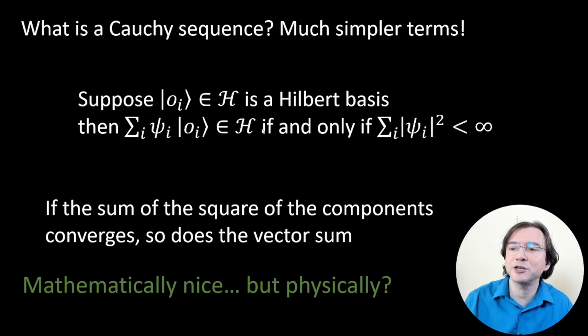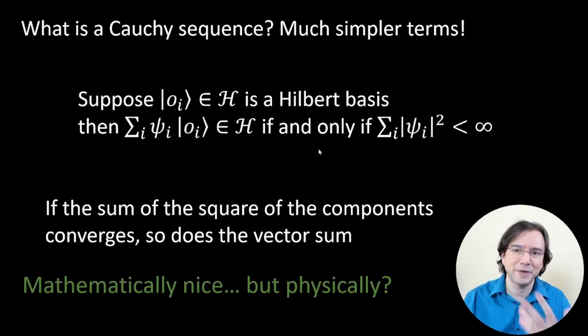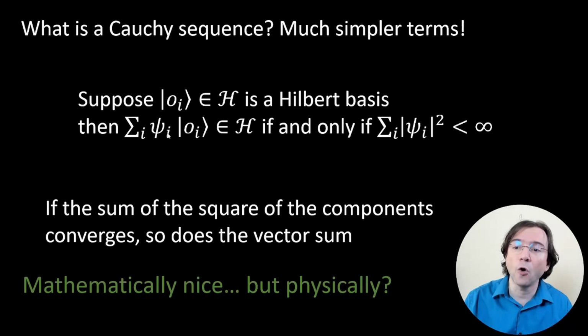So essentially, requiring that the Hilbert space is closed under Cauchy sequences means allowing all linear combinations of elements such that the sum of their coefficients converges.